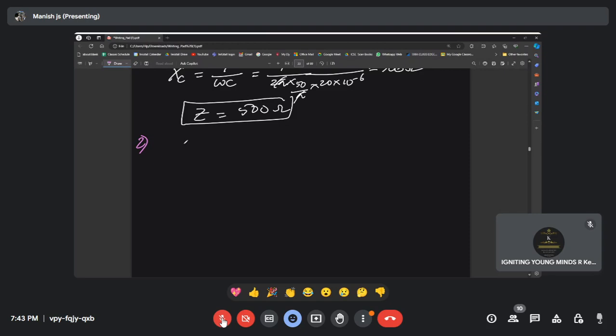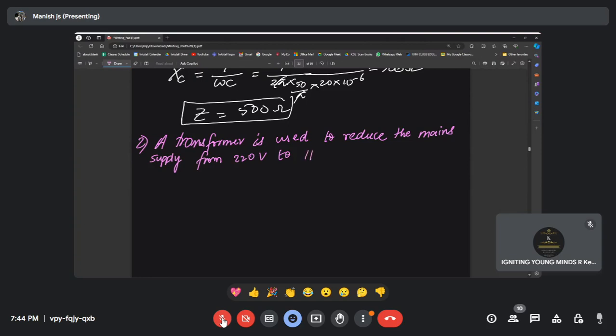So let's see it. Here comes the next question. A transformer, let me just write it down. A transformer is used to reduce the mains supply from 220 volts to 11 volts.